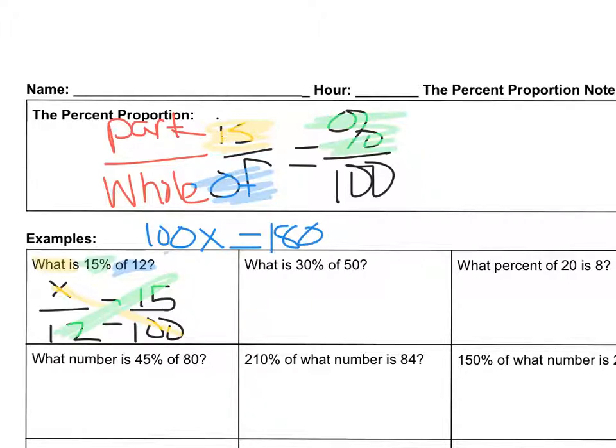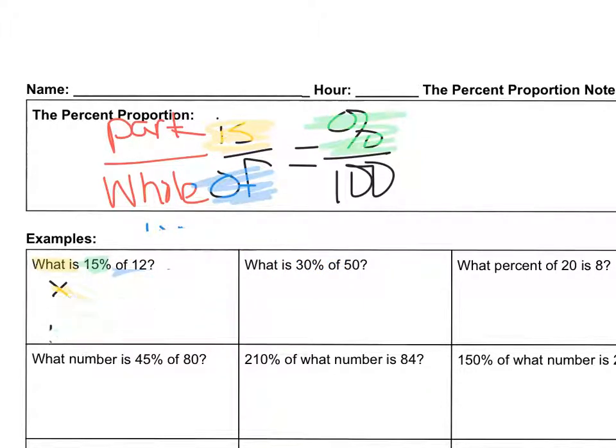Okay, so then you can solve. So divide by 100 on both sides, and you get x equals 1.8. Okay, all right, let's go ahead and try the same thing on the next problem.